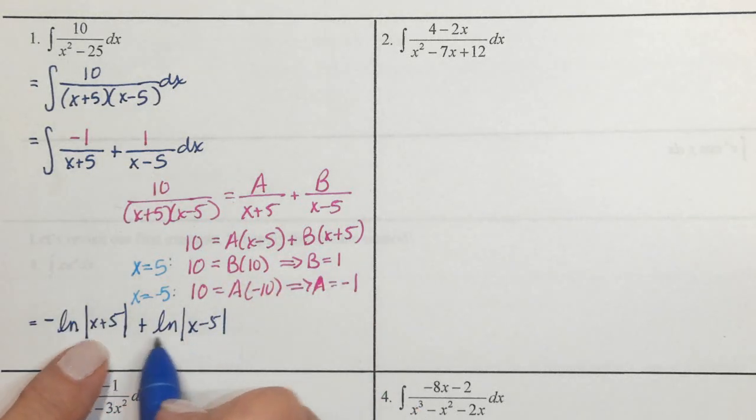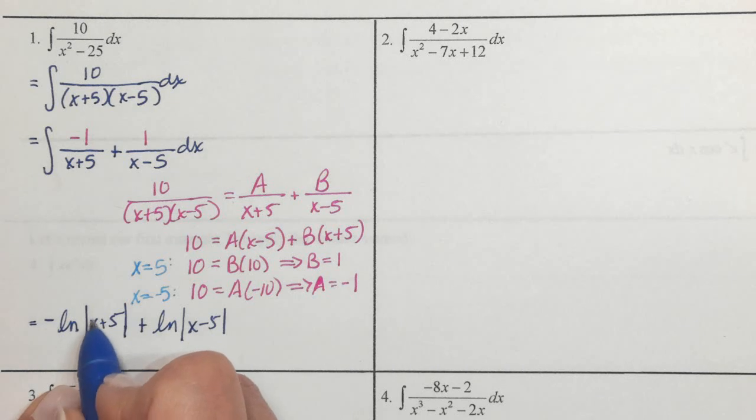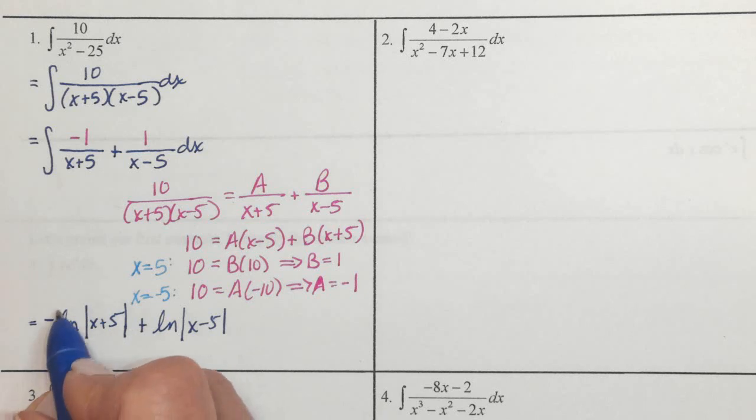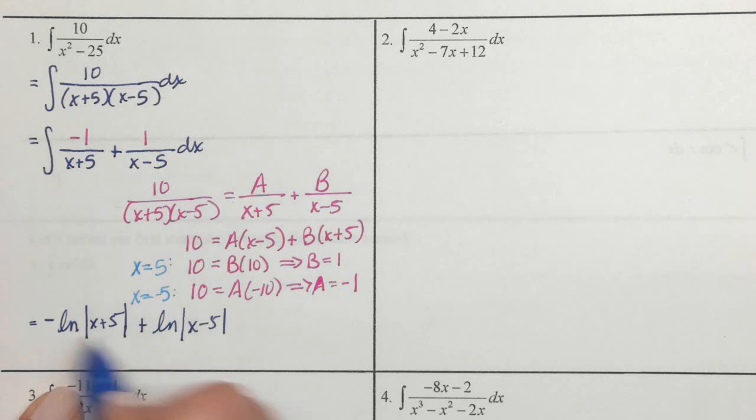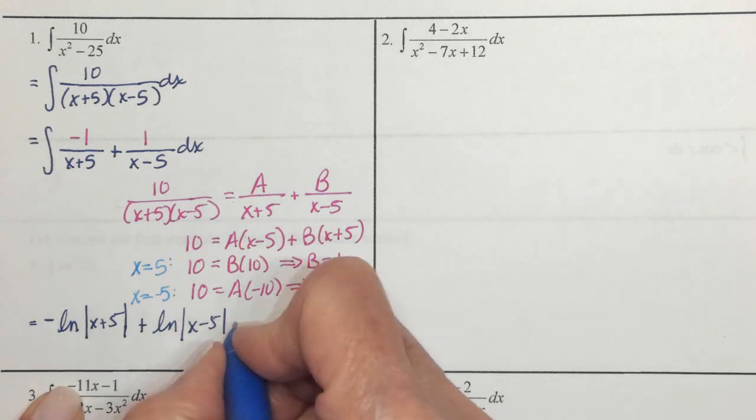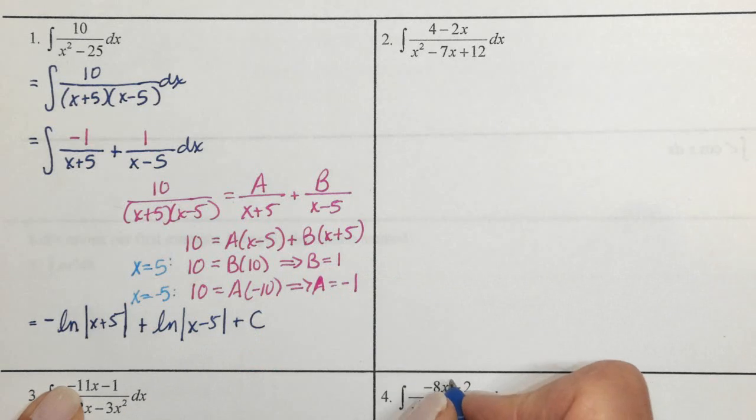Since both of these had a coefficient of 1 on their x's, when you do a u sub, you're not going to get anything else out in front, right? It's like we're dividing by 1 out here, okay? Plus c, and we're done.